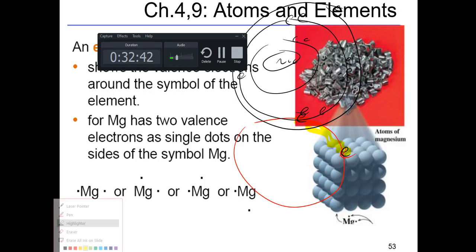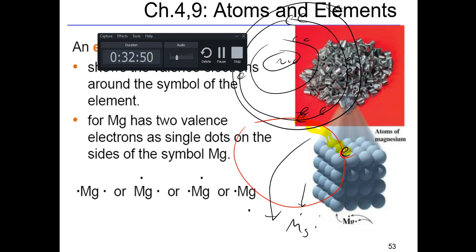What we're now going to do is a shortcut, and I'm going to draw magnesium like this, where the dots represent electrons as well as the position of them, and there needs to be a 90-degree angle. So we call this the electron dot symbol. There are 2 names for the same thing in chemistry. The other name is Lewis symbol.